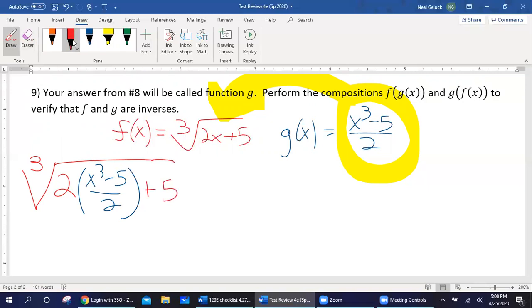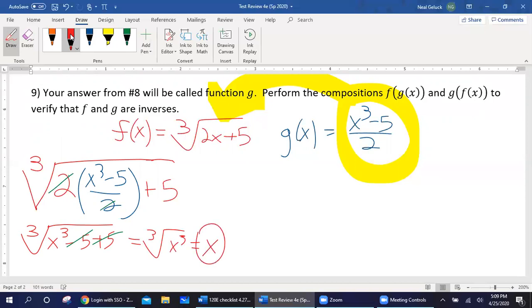So again, I took the red function and I replaced x with the blue function. And now this boils down, 2's cancel. So that leaves me with the cube root of x cubed minus 5 plus 5. Minus 5 plus 5 is gone. So now I'm left with the cube root of x cubed. Cube root and cubed cancel out, and I'm left with x. That is what I was supposed to get.